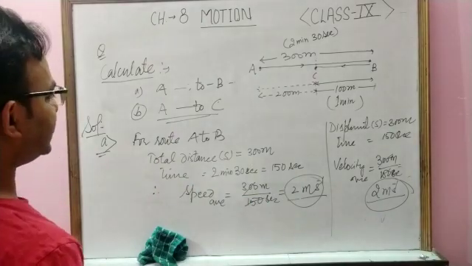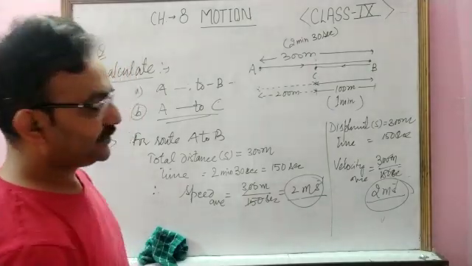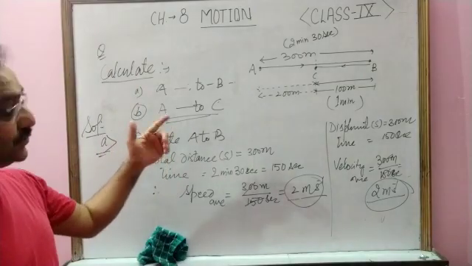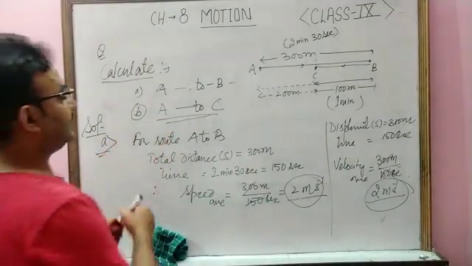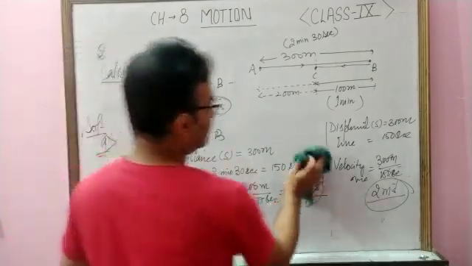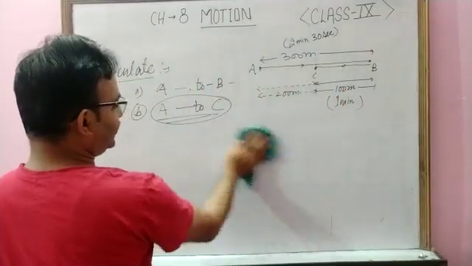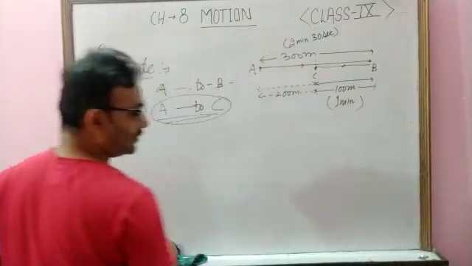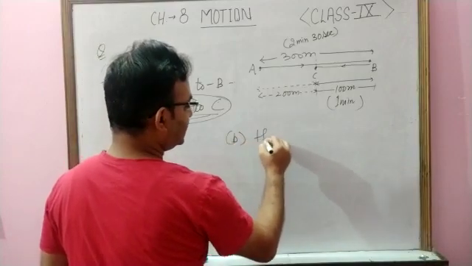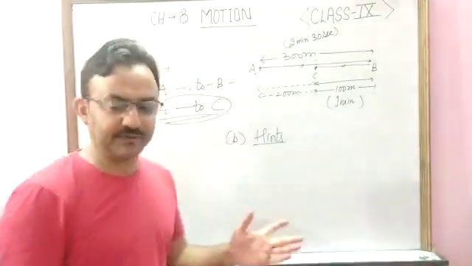The next part is here. Now you again have to find the average speed and average velocity, but now the route is A to C. This second part is also a question for the assignment. I am giving some hint. First of all, you have to find average speed.